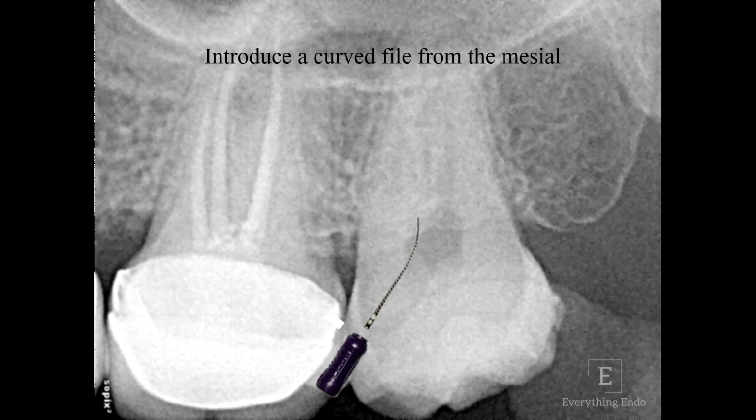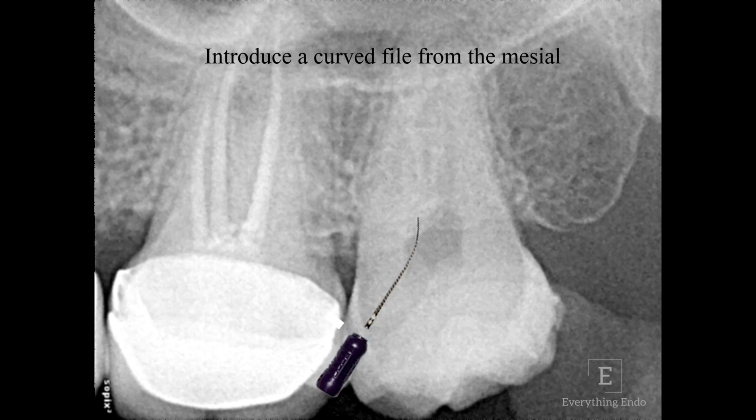You can never do it with a straight file, because when you're directly under the orifice, it's going to take away most of your vision, one thing. And the next thing is, it needs more space. The mouth opening the patient gives you may not be enough for you to have a straight file right under the tooth. So what you have to do here is introduce a pre-curved file from a mesial angle.